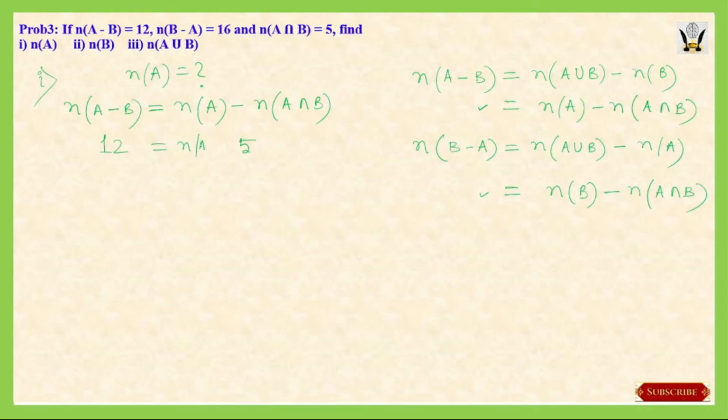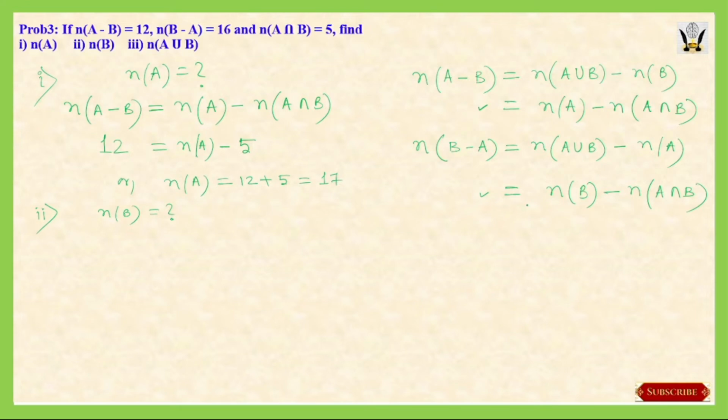So the only unknown parameter here is n of A. So n of A we can easily find, and that will be equal to 12 plus 5, which is equal to 17.